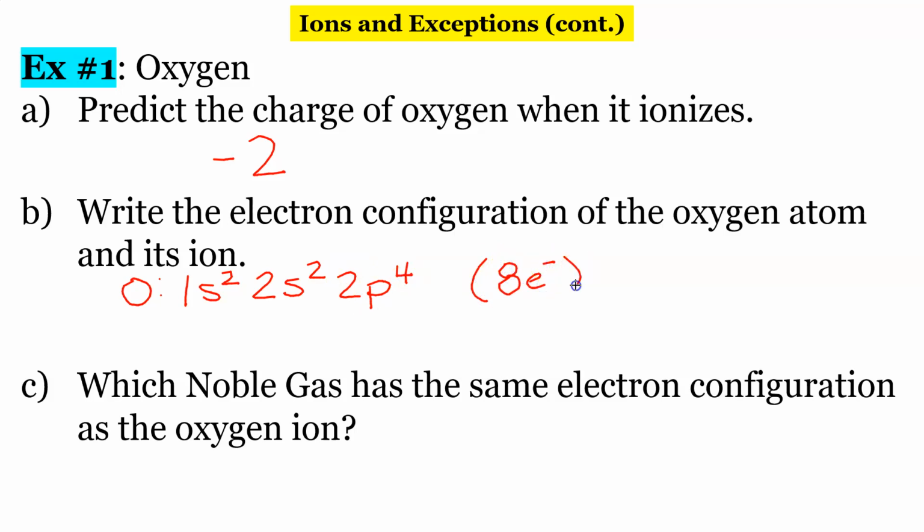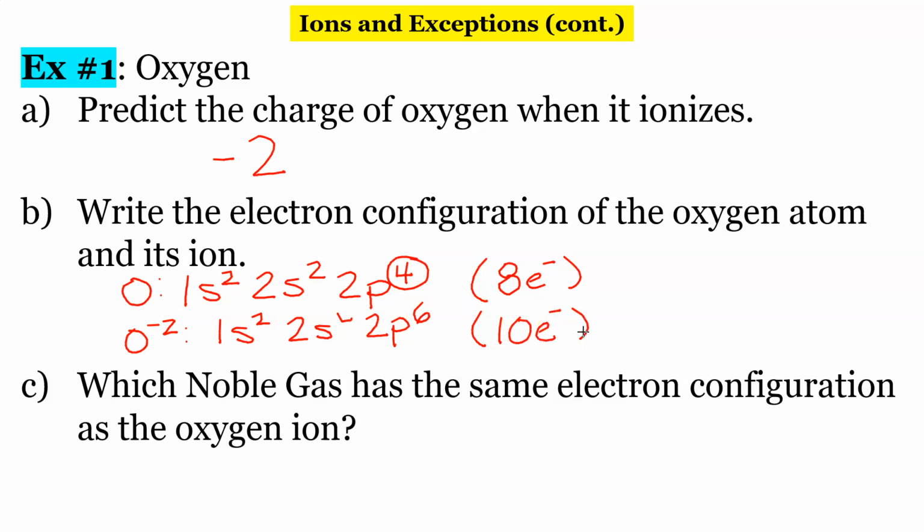That's a neutral oxygen atom. Now the ion has 2 more electrons. So when we have a charge of -2, we just need to add 2 more electrons to this. So its electron configuration will be 1s2, 2s2, and then instead of 4, it's going to be 2p6 because it has a total of 10 electrons.